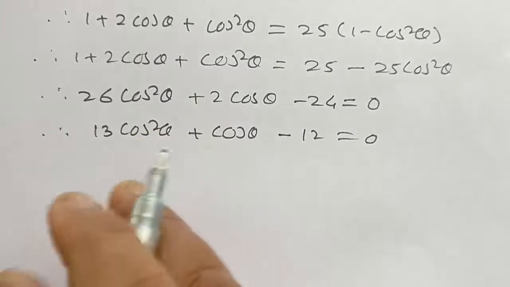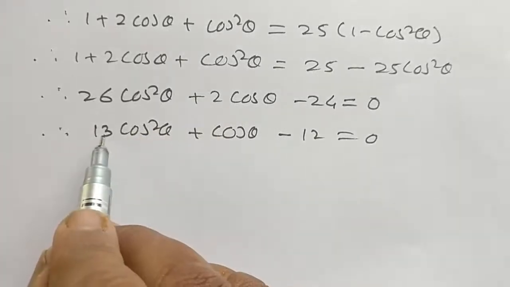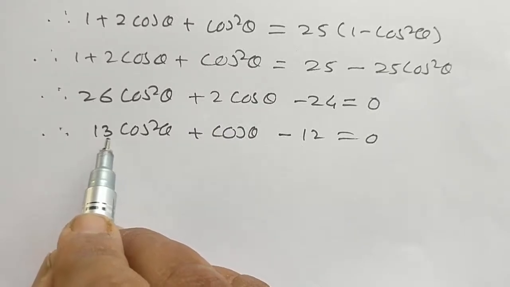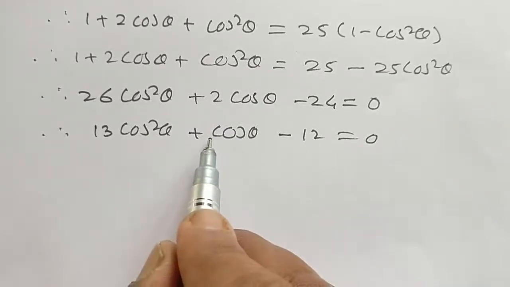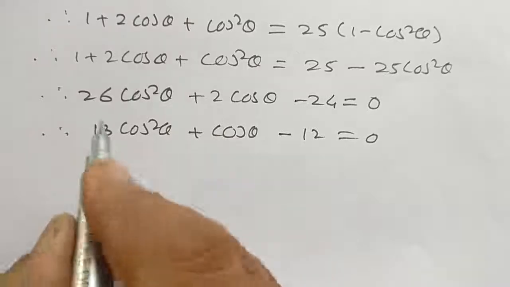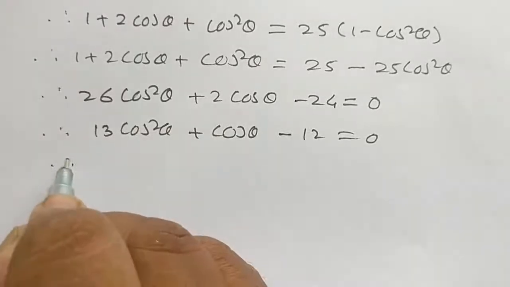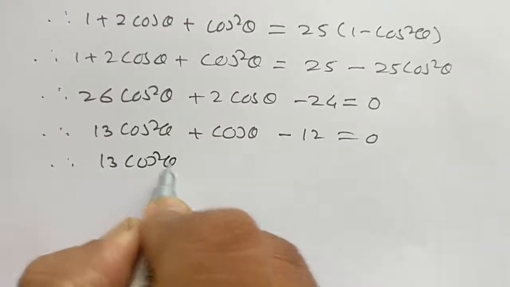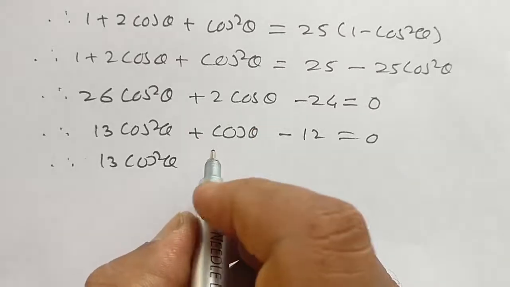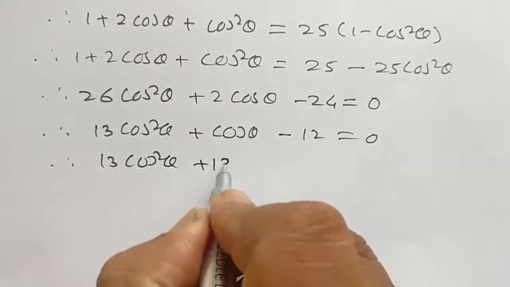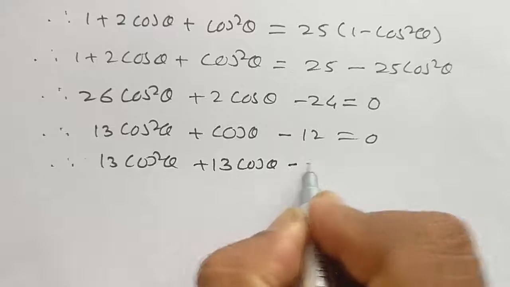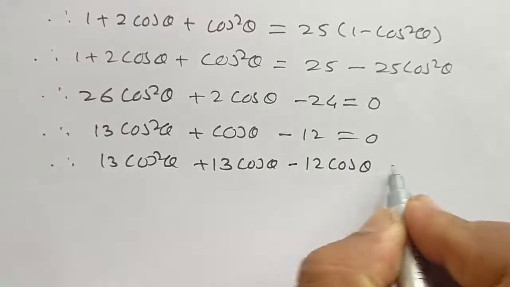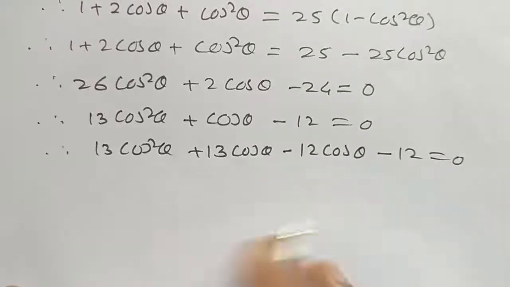We factorize this: we find two numbers such that their product is minus 13 into 12 and sum is the coefficient of cos theta, that is 1. So, 13 cos square theta plus 13 cos theta minus 12 cos theta minus 12 is equal to 0.